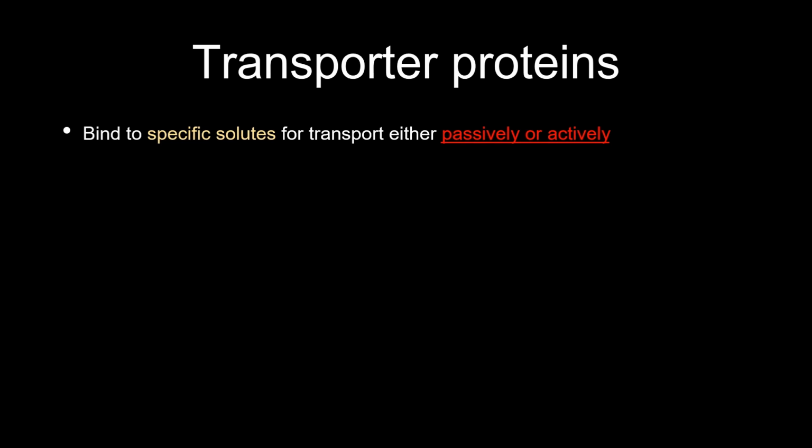Now, to illustrate, for example, this is the cell membrane. You have the integral protein here. This is the extracellular side, the extracellular fluid, and this is the intracellular fluid. Initially, the transport protein is opening towards the extracellular side, so the solute would bind to it.